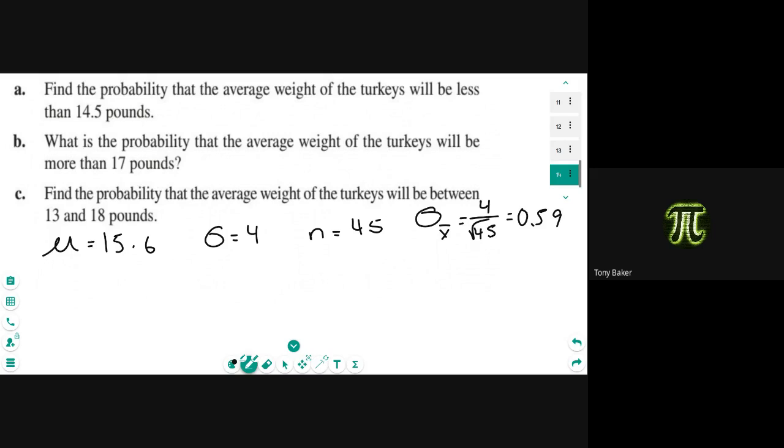Step one, find your standard deviation of the sample means. So 4 divided by the square root of 45. That's your standard deviation.